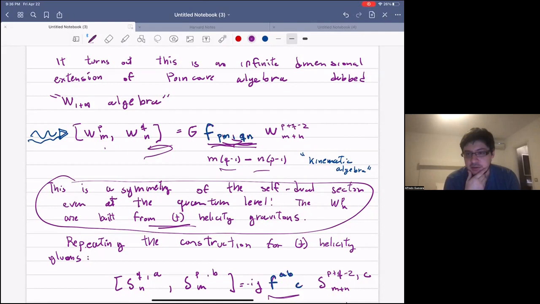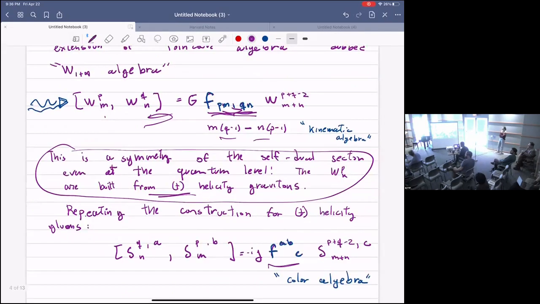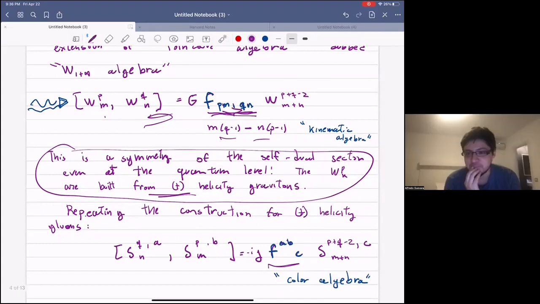Yeah, Donald. Hi, Alfredo. Just looking at your slide there, you have a kinematic algebra. Has this anything to do with these area-preserving diffeomorphisms in the self-dual theory? Right, I believe these are the same, just rewritten in a different basis.